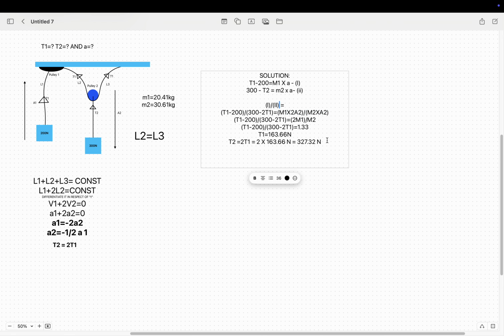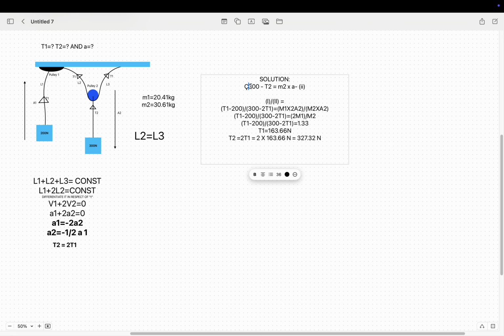Because the question asked us about the common acceleration, not about the A1 and A2 separately. We want the common acceleration. The common acceleration is this. Either we have to satisfy our T1 here to get our acceleration, or satisfy the T2 to get our acceleration. So let us take any one of them. So I'm taking the T1 actually.